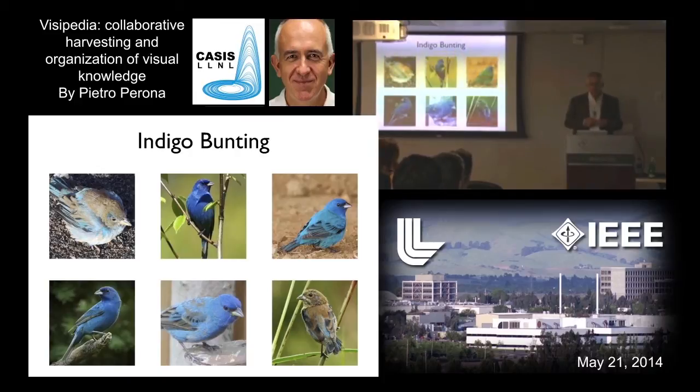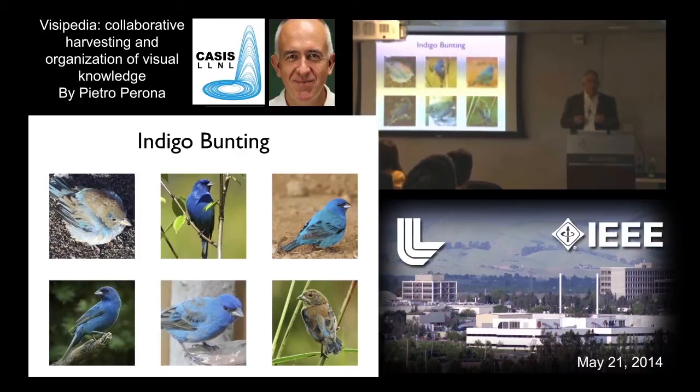So we thought it would be a great gymnasium for our ideas, and so we set off collecting pictures of 200 species of birds because we wanted to build an automated or semi-automated system for discriminating birds one from the other. That was our goal a few years ago. And so here are pictures of a bird called Indigo Bunting.